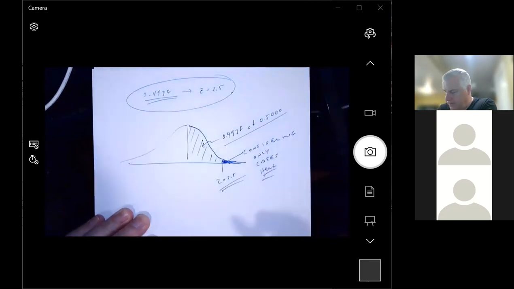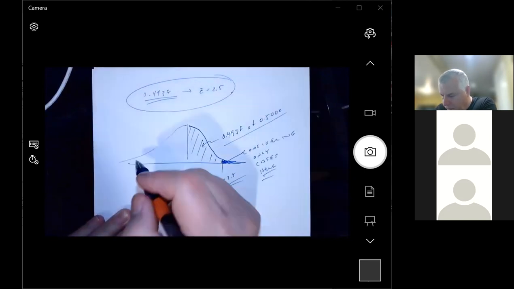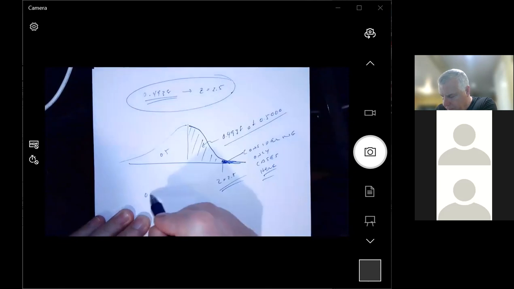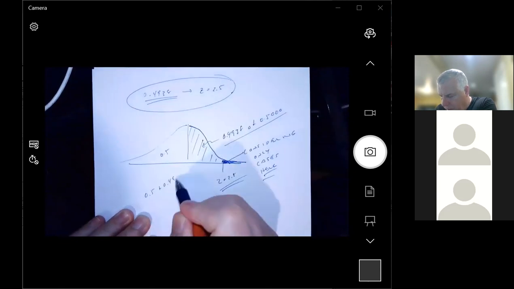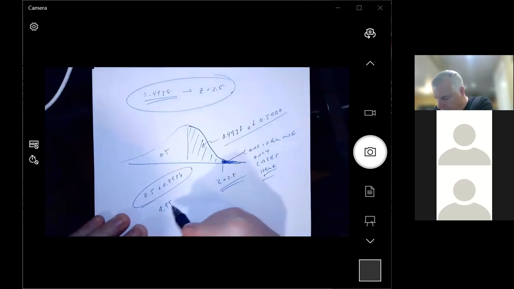Then we can say that we've got 0.5 over here plus 0.4938. And this is 0.9938. Oops.